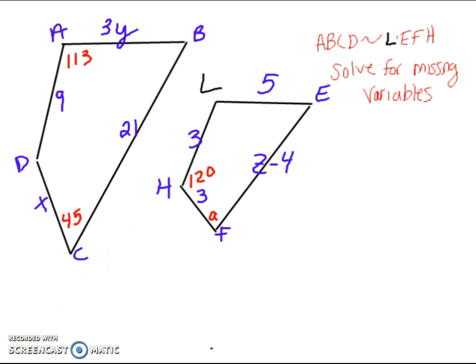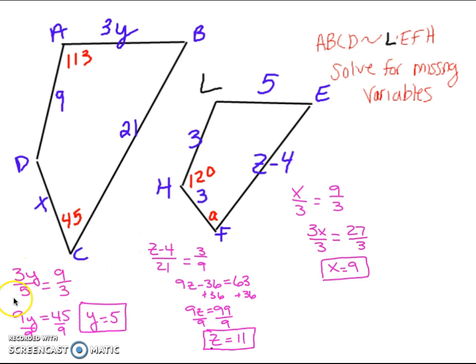Alright, so when we solved for y, you can see how I set it up here. I took my 3y over 5, and then I set that equal to 9 over 3, and when you solve for that, you should have gotten that y equals 5. When we solved for z, I took my z minus 4 and divided that by the 21, and then I set that equal to 3 divided by 9, and when you did that, you should have gotten that z equals 11.